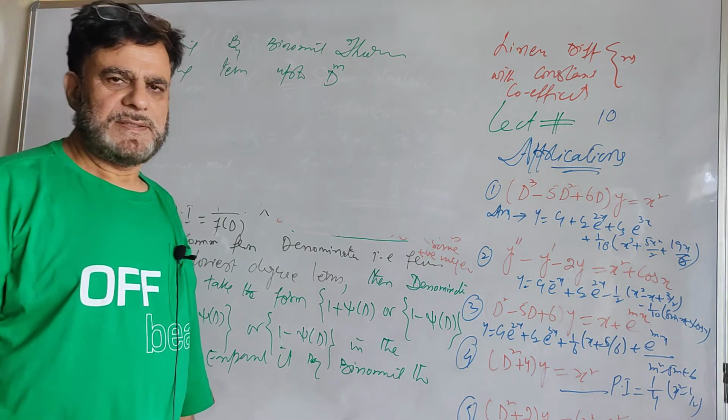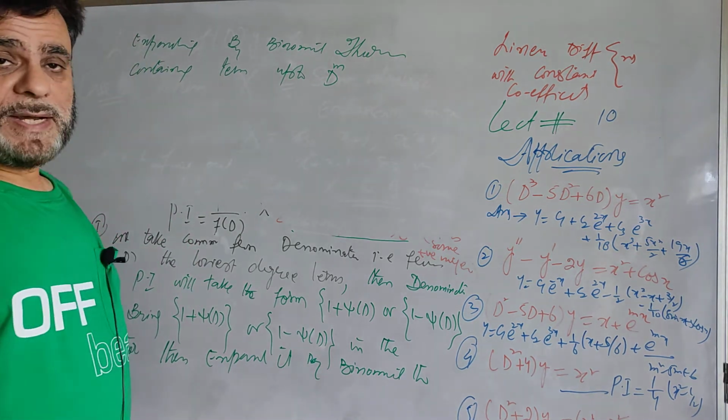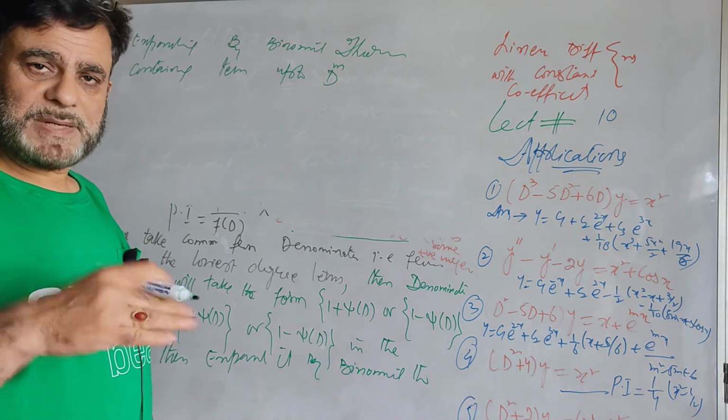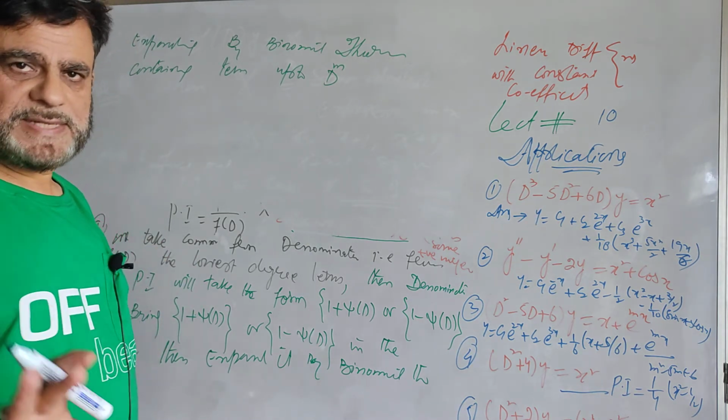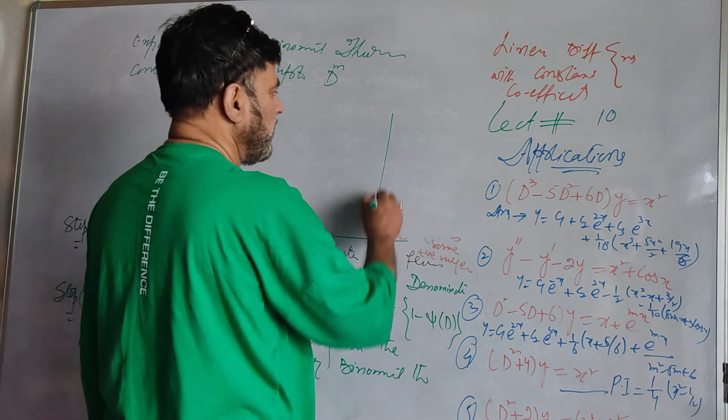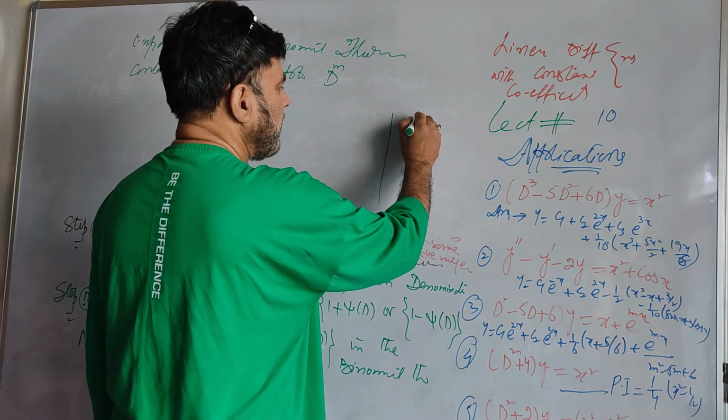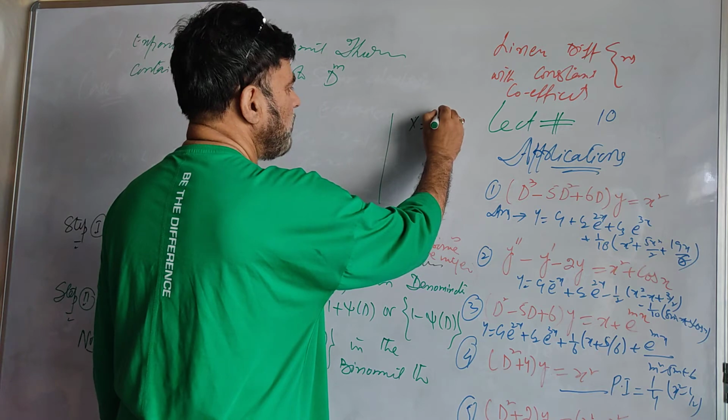I will expand it up to D raised to power m. I will omit D raised power m plus 1, D raised power m plus 2. The reason is simple. Suppose my capital X is here, x raised to power 3.